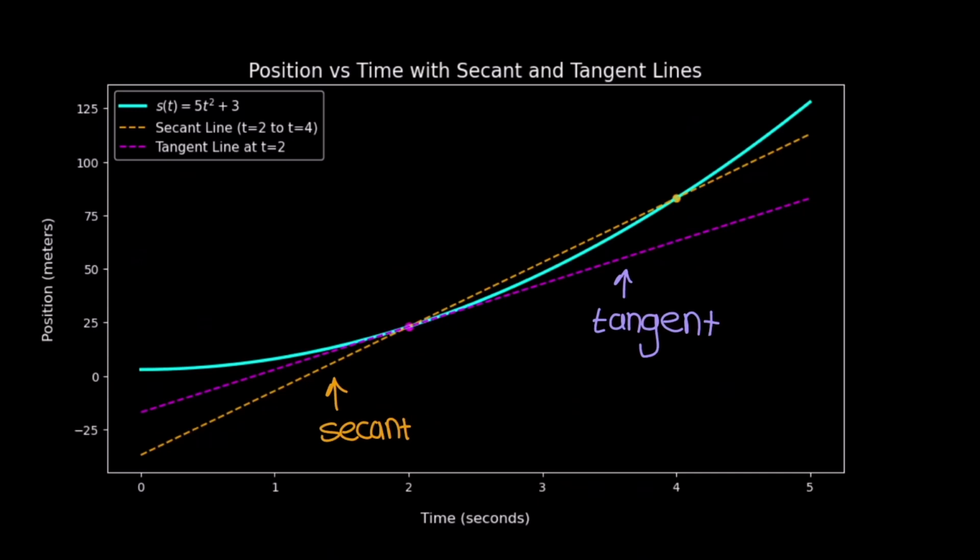But what you can see here is that if I follow this orange line, realize how at its point of t equals 2, it doesn't do a good job of representing what the slope is at that point. Yes, it does encompass the slope between t equals 2 and t equals 4, but it doesn't really do a good job of encompassing what's happening at t equals 2.